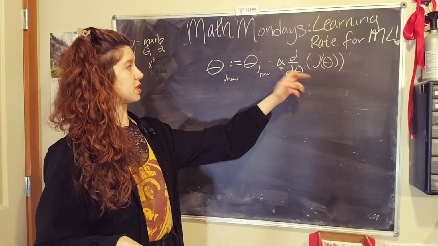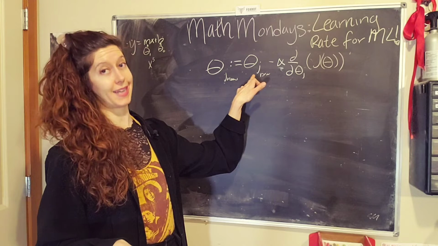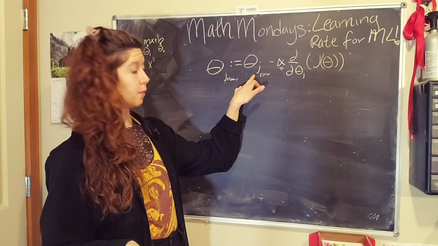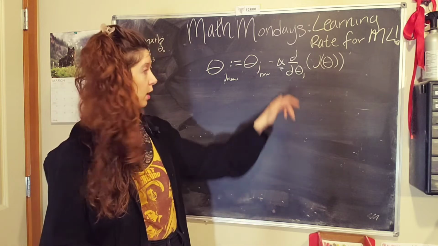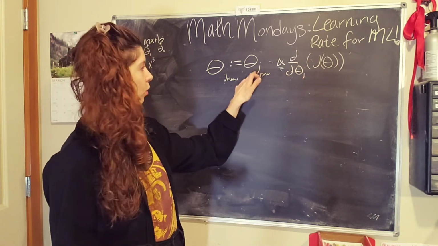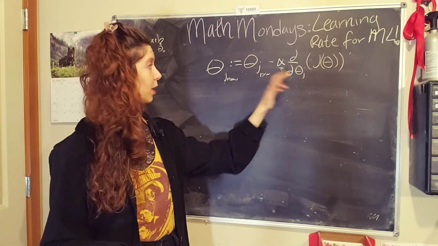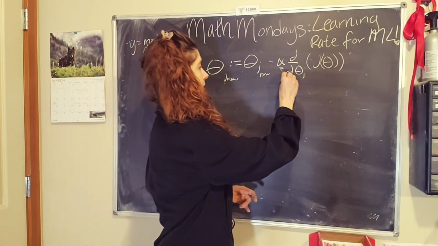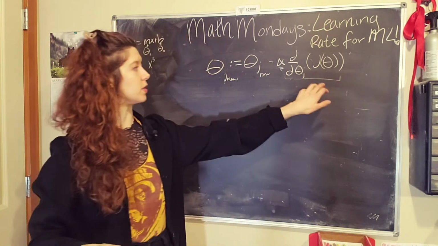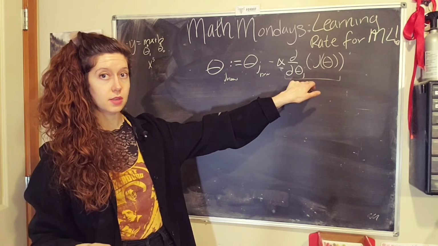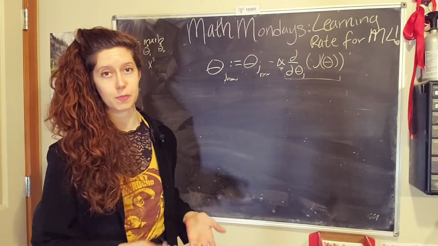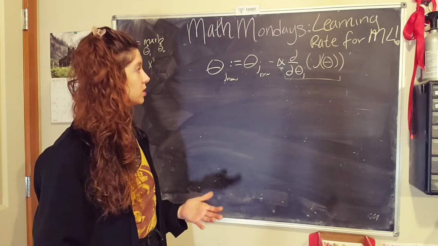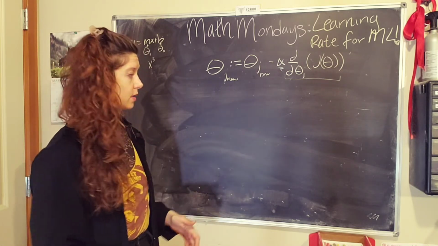Like, for example, if this is 10 and this is 1, we're going to subtract 10 from this previous parameter. But if the learning rate is small, let's say it's 1, 1 times 1 is 1, we're going to just subtract 1 from this parameter. So even though we can't really control the value of this, we can change how big of steps we're taking in between iterations with this learning rate.